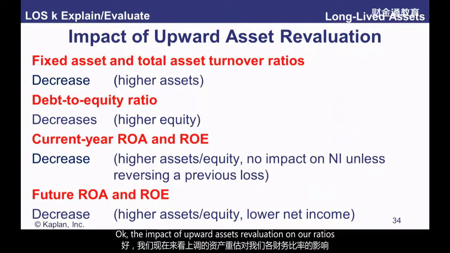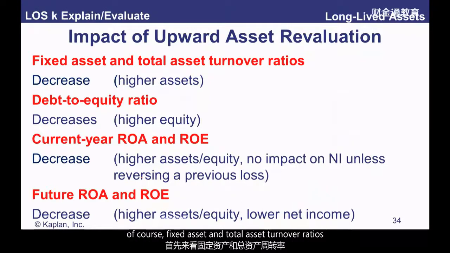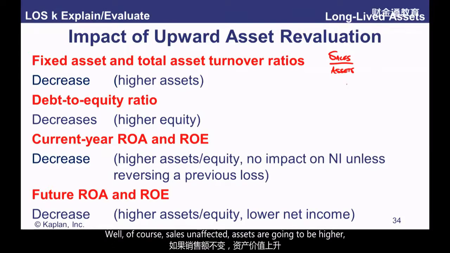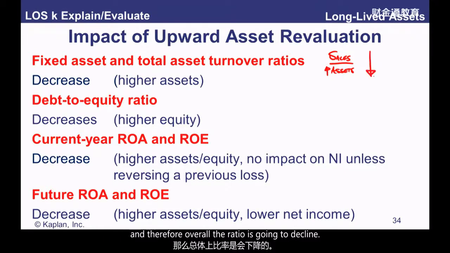Okay, the impact of upward asset revaluation on our ratios. Of course, fixed asset and total asset turnover ratios, so sales over either just fixed assets or sales over total assets. Well, of course, sales unaffected, assets are going to be higher, and therefore overall the ratio is going to decline.